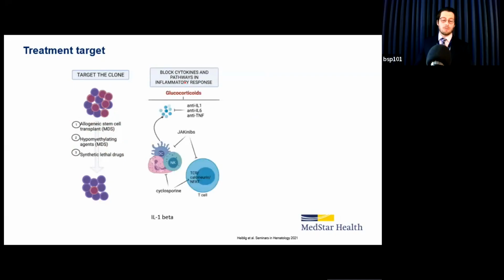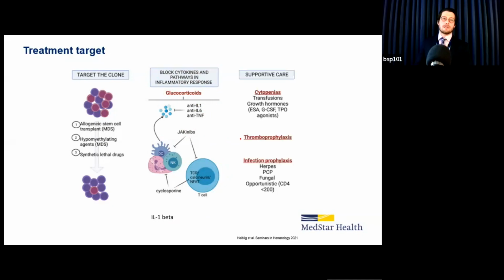Another option would be to block the inflammatory pathways, what we do with steroids, but doing it with other drugs that have less side effects. So targeting interleukin-1, 6, TNF, interleukin-1 beta has also been done in some case reports. Using JAK inhibitors, cyclosporine to attack T cells. So many different targets in the immune system have been tried. Not all of them have been successful.